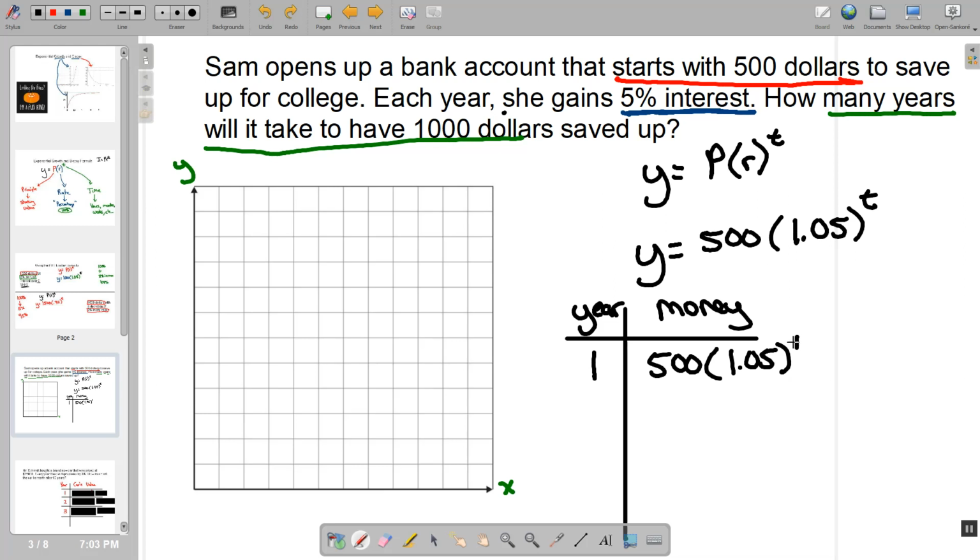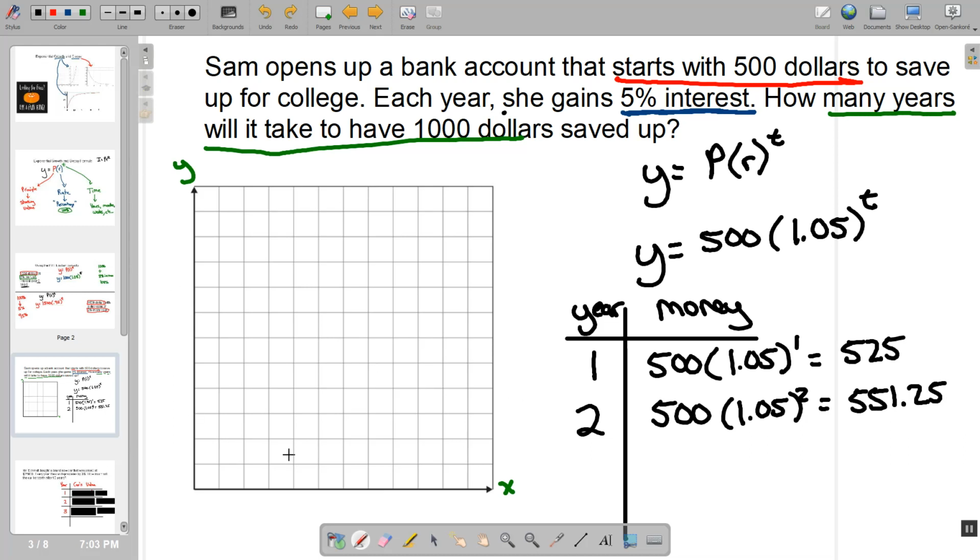And we'd get out our calculator and we'd do 500 times 1.05 raised to the first power, which would be $525 that Sam would have after the first year. Here for year 2, we would do 500 times 1.05 raised to the second, or we could just do this number times 1.05. And so we would do that again. And we would get $551.25.